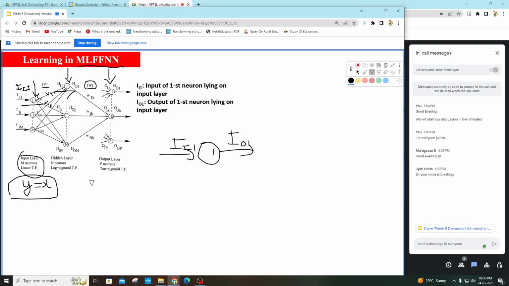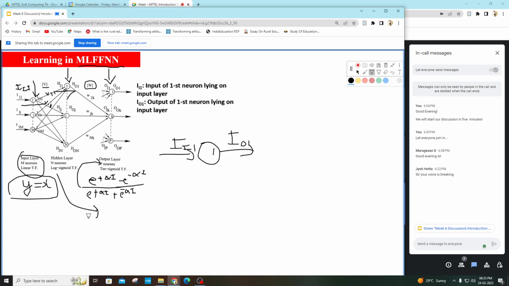Now this hidden layer what we are using is log sigmoid transfer function. So log sigmoid you all know, e to the power minus alpha I. Plus will be there and minus will be there, e to the power minus alpha I. So this transfer function is tan sigmoid transfer function.